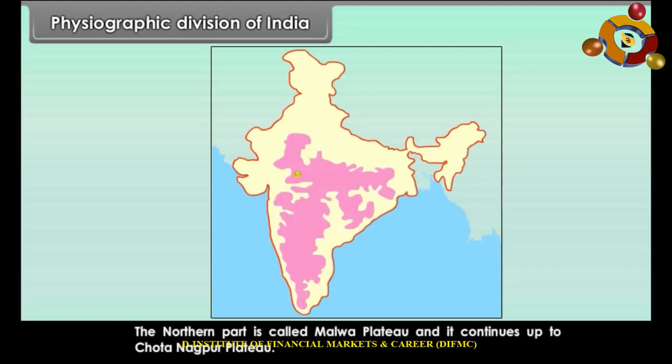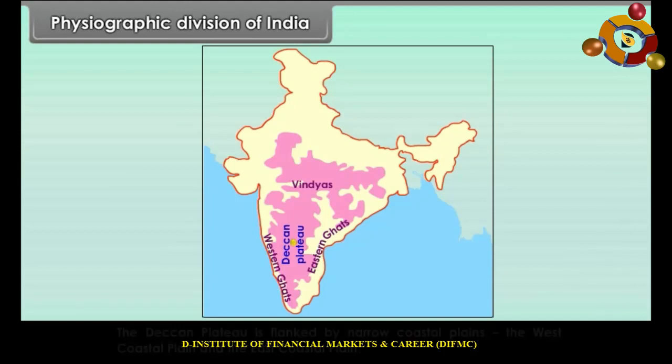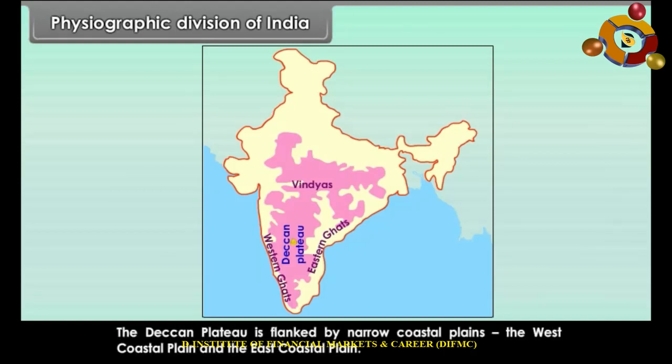The northern part is called Malwa Plateau and it continues up to Chota Nagpur Plateau. The Deccan Plateau lies to the south of Vindhyas and is bound by Eastern Ghats and the Western Ghats. The Deccan Plateau is flanked by narrow coastal plains, the West Coastal Plain and the East Coastal Plain.